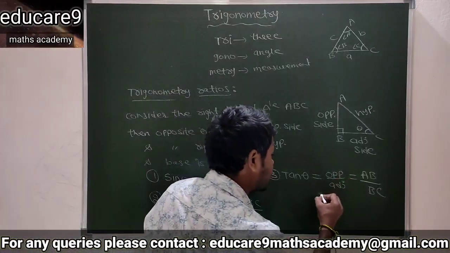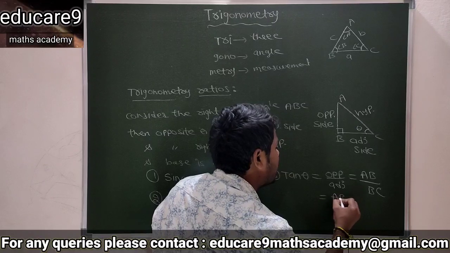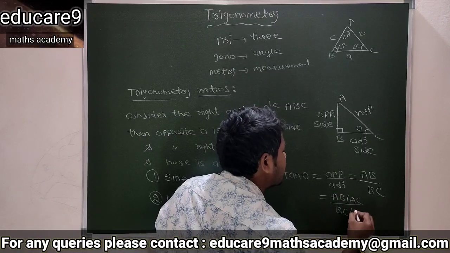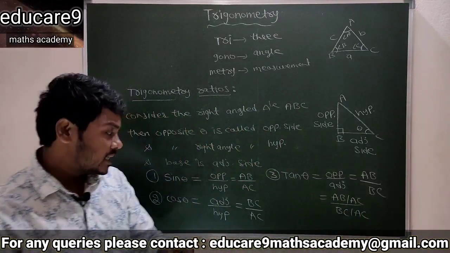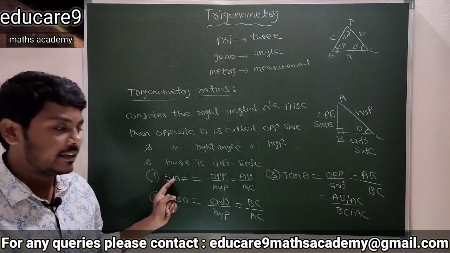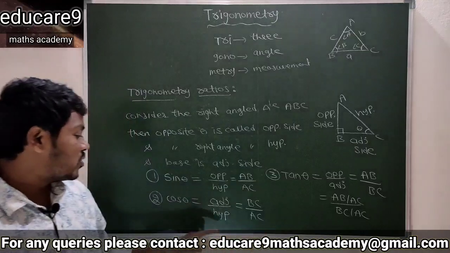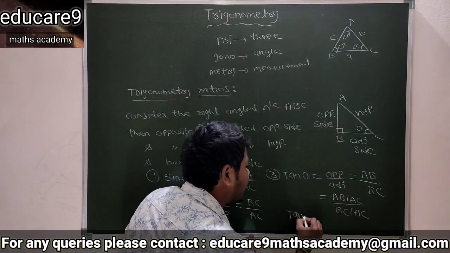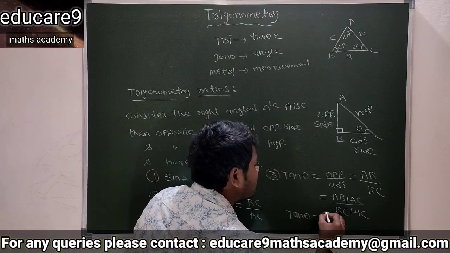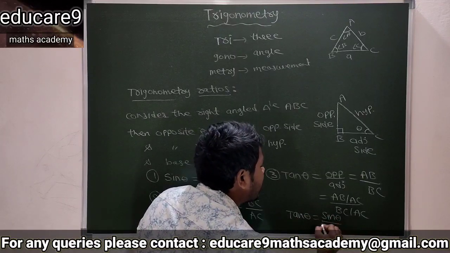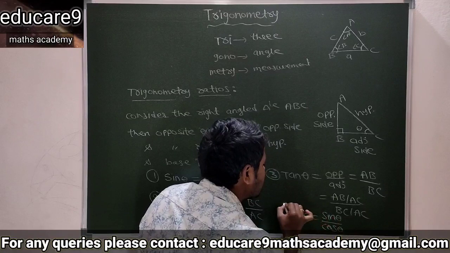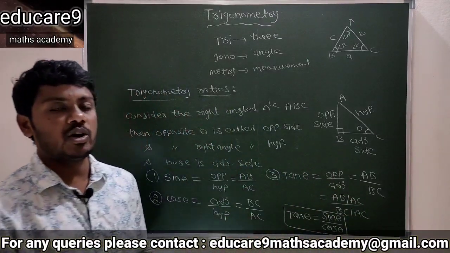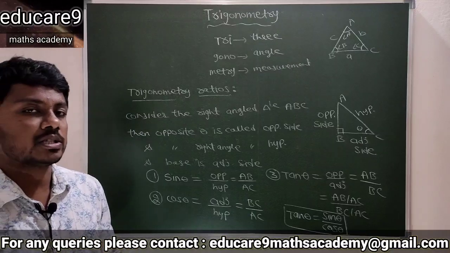Here this can be written as AB by AC over BC by AC. But what is AB by AC? That is sin theta, and BC by AC is cos theta. So therefore tan theta is defined simply as sin theta by cos theta. So this is one of the formulas: tan theta is sin theta by cos theta.